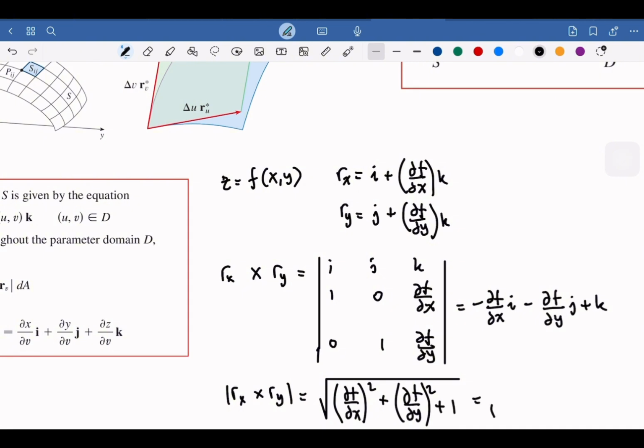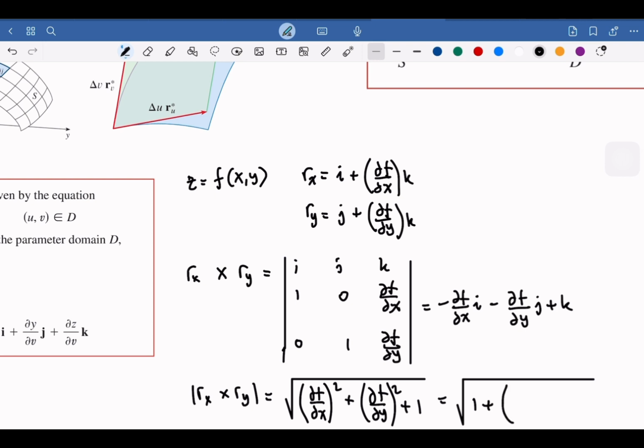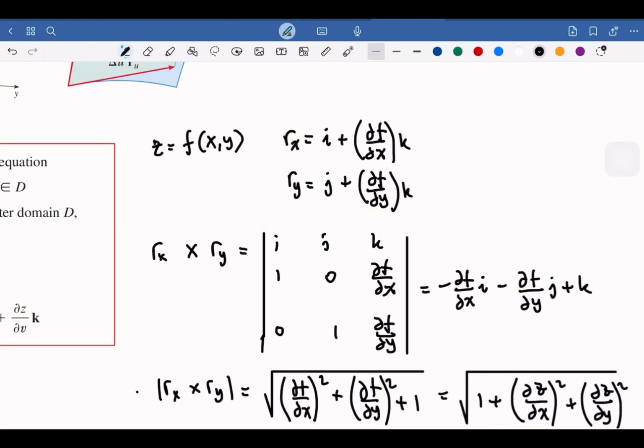Or this is just 1 plus, we can write as z. And this is something that we have also learned from the previous surface area. So this is basically the area of the surface.